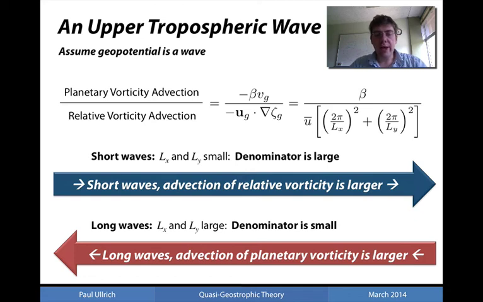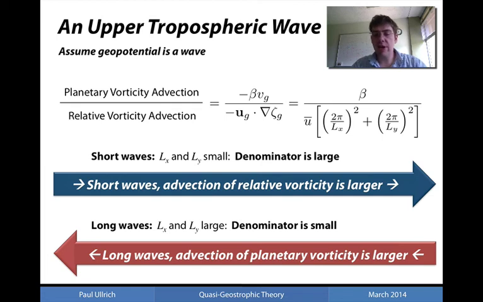So for short waves, Lx and Ly are small. Taking the inverse of a small quantity leads to a large value, and hence for short waves the denominator is large. Hence, relative vorticity advection will be dominant in this case, and the tendency will be for the wave to propagate eastward.